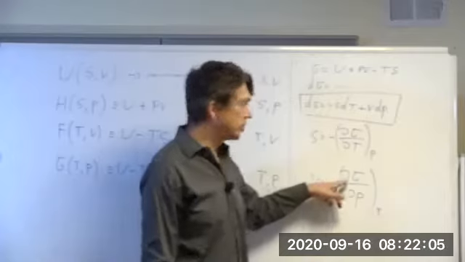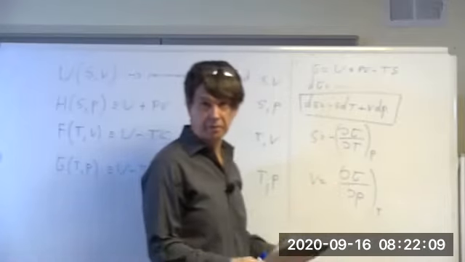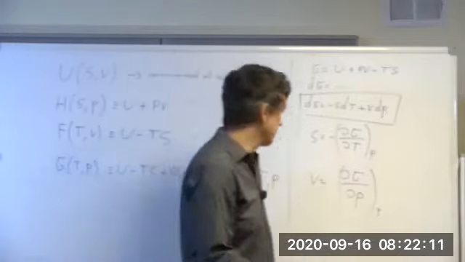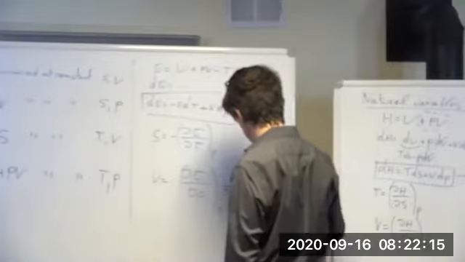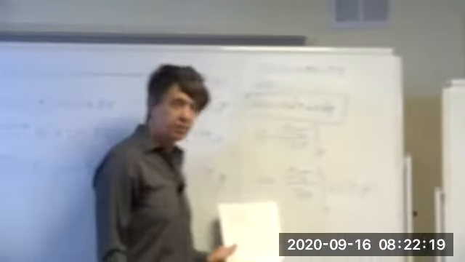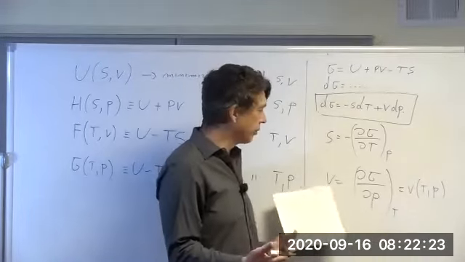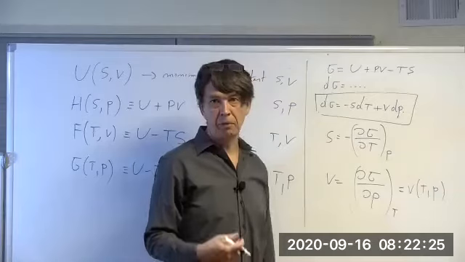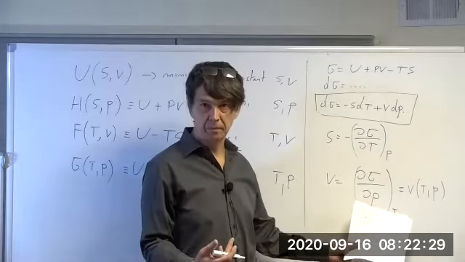Because G is a function of temperature and pressure, so its derivative is a function of temperature and pressure. So what I will get out of this is some function V as a function of T and P. So this equation of state will embed mechanics, how volume changes with pressure, but it will also embed thermal expansion, how volume changes with temperature.